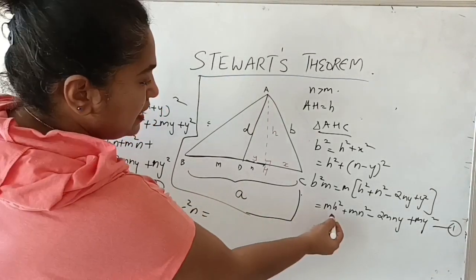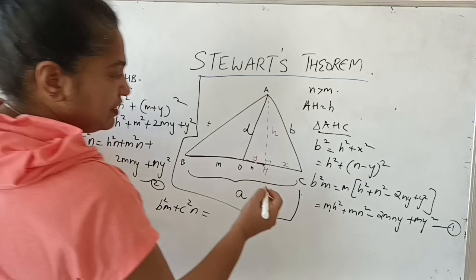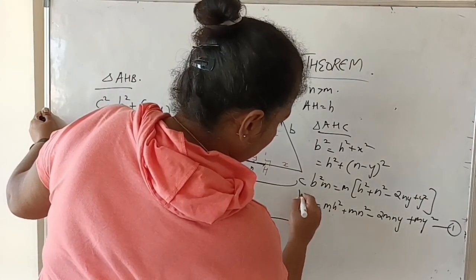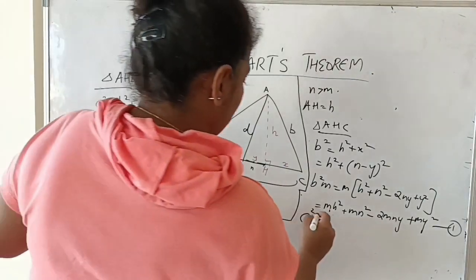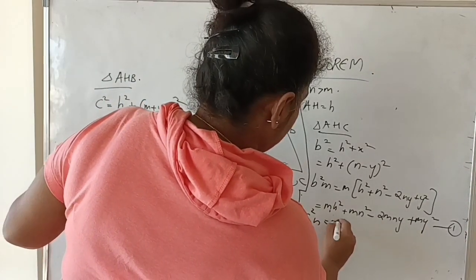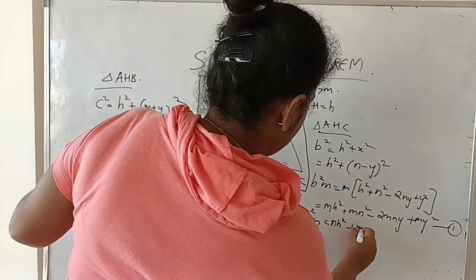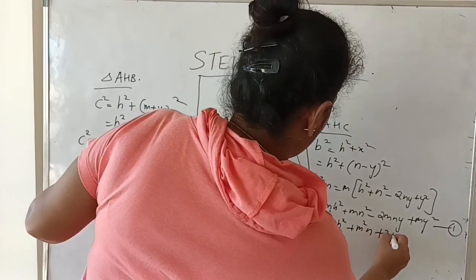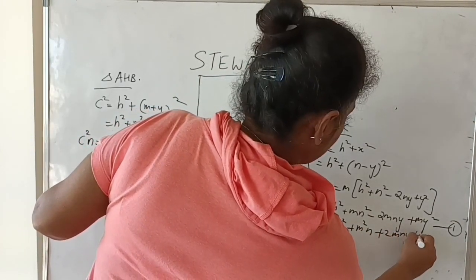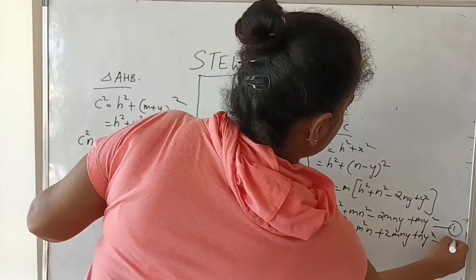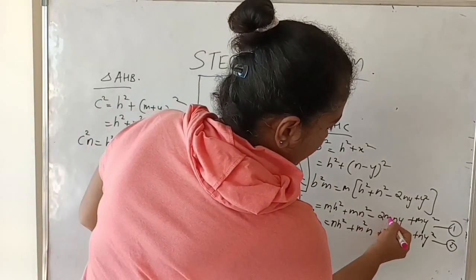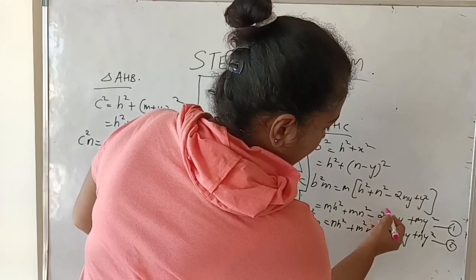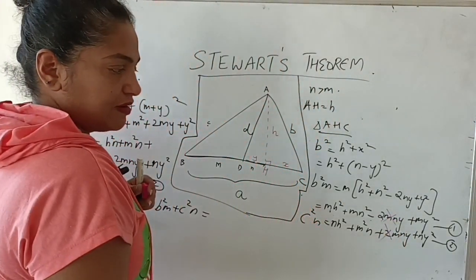Now I will just write down c square N over here so that it is easy for us to understand what we are adding. c square N is equal to NH square plus M square N plus 2MNY plus NY square. This is our second equation. Now you can see that 2MNY with a negative sign and a plus sign will get automatically cancelled.